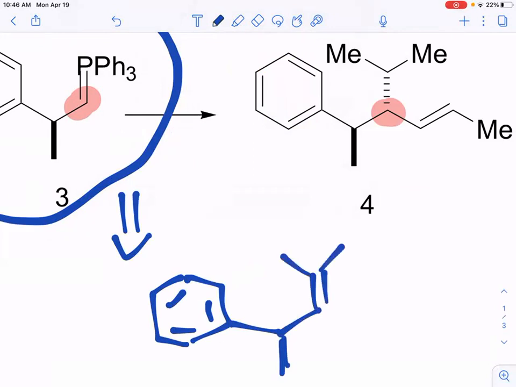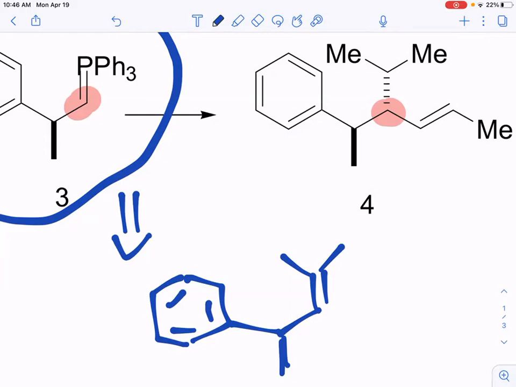Ketone with 2 methyl groups. Okay, great. So acetone. You could potentially think about adding in acetone. Is that right? Right.